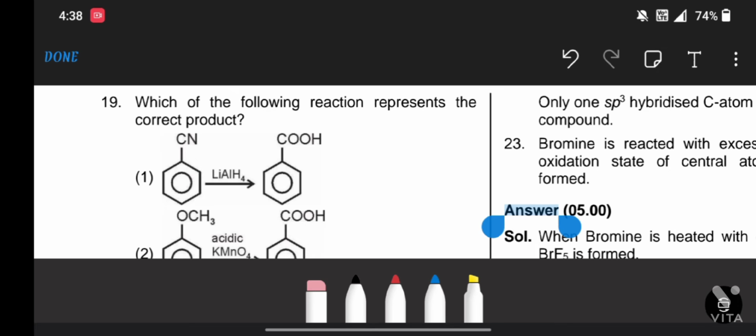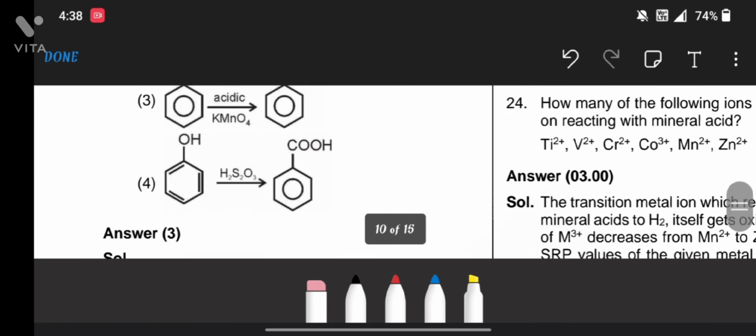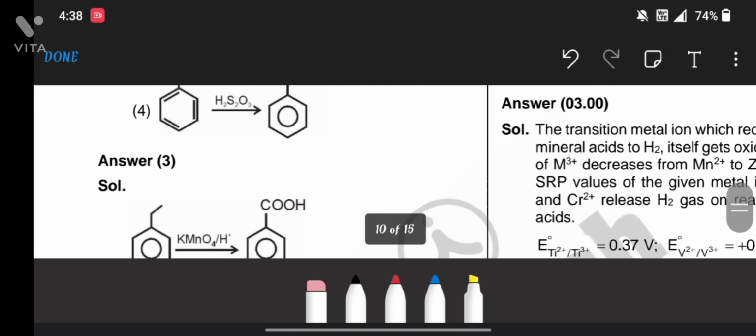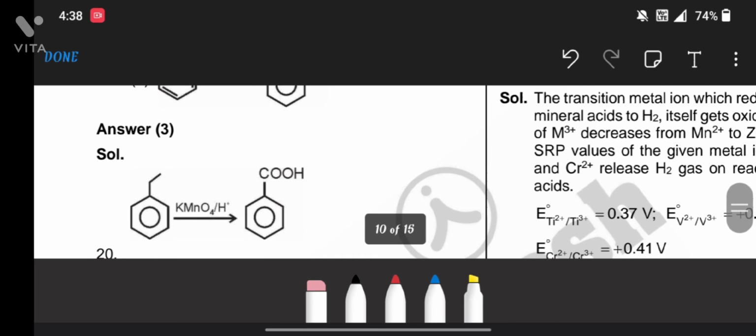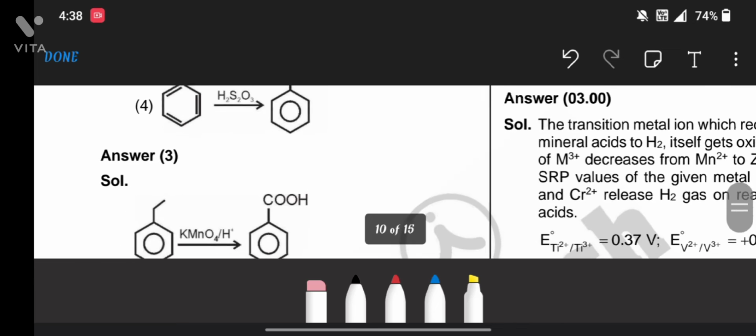With OCH3 reacting with potassium permanganate, we cannot get this either. But C2H5, when it reacts with this, we get the COOH. So option C is the correct answer for question number 19.